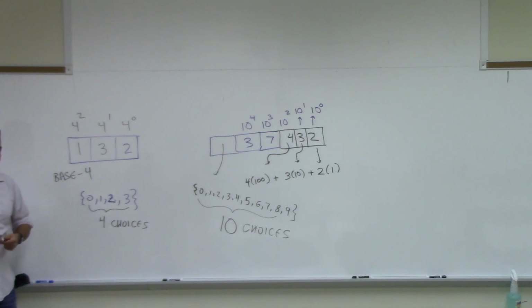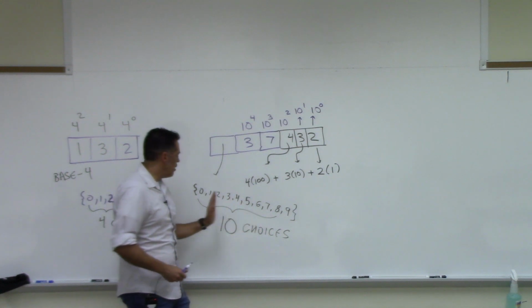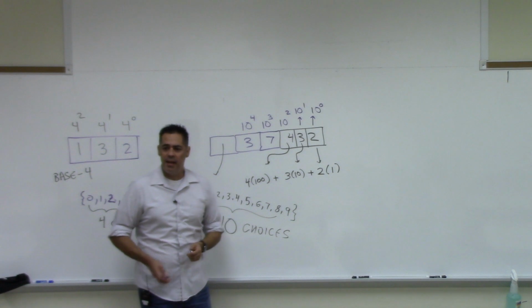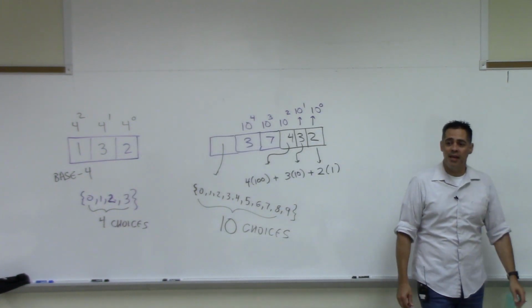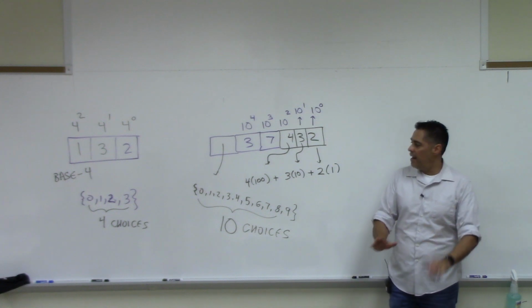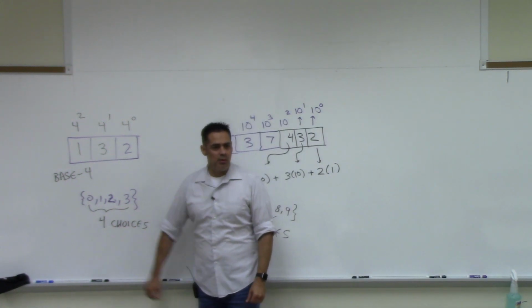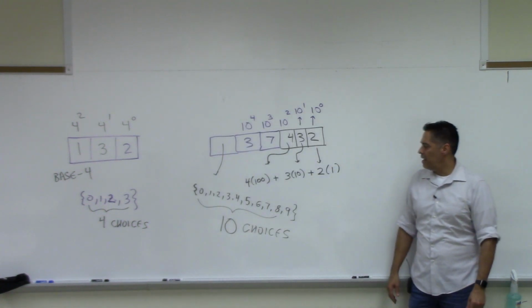But in our number system, we use a base 10 number system. There are 10 options for each digit, and each digit is a power of 10. Why do you think that we use a base 10 number system? Because I'm telling you right now, we could start teaching children to use a base 4 number system and all the math would still work. Why do you think we chose base 10?